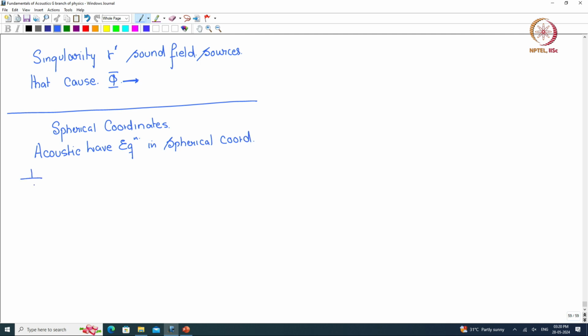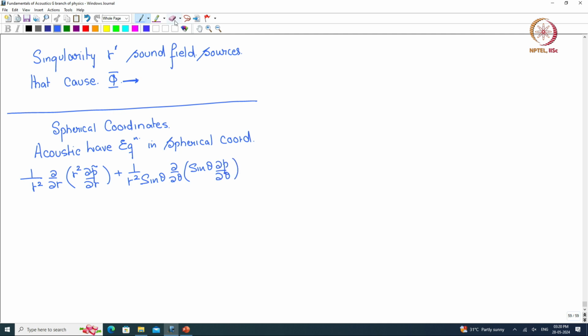1 over r square del by del r of r square del p tilde by del r, plus 1 over r square sin theta del by del theta of sin theta del p by del theta.